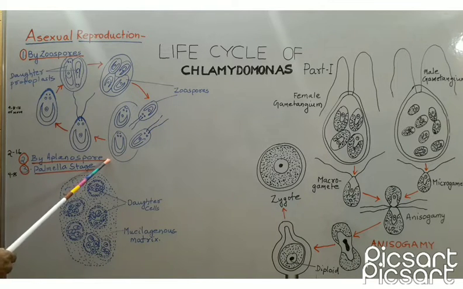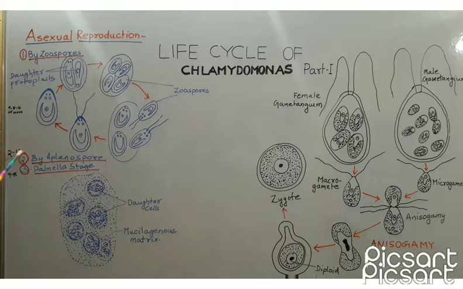For example, in case of drought. At the time of aplanospore formation, flagella are withdrawn, so the cell becomes non-motile and the protoplast divides repeatedly to form 2 to 16 daughter protoplasts.